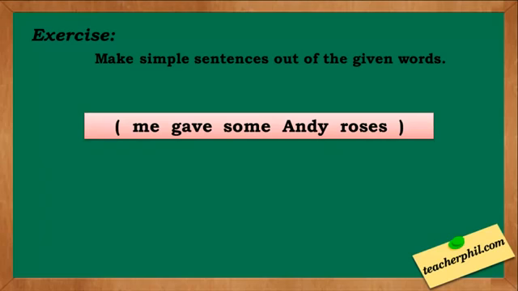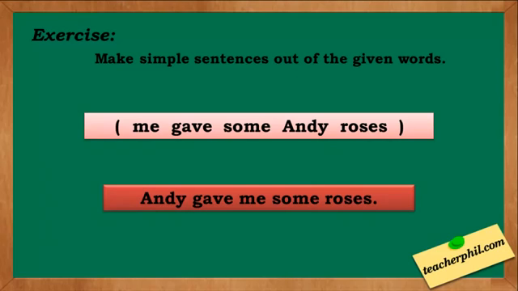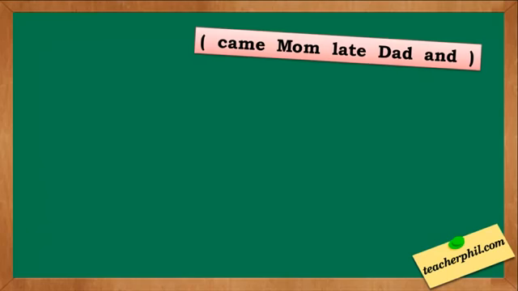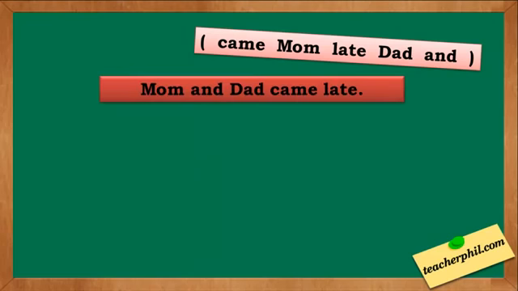The correct answer is Andy gave me some roses. Second one: came, mom, late, dad, and. The answer is Mom and Dad came late.